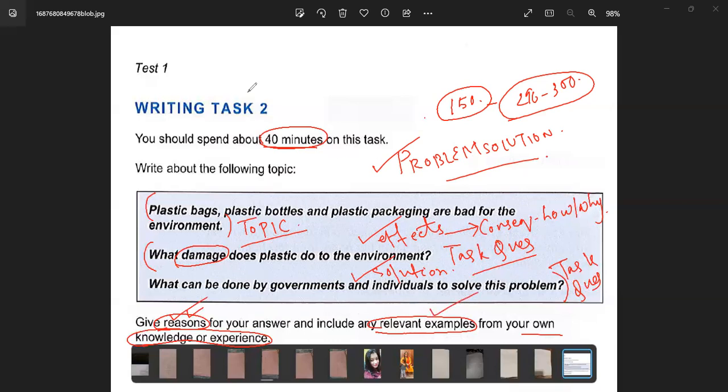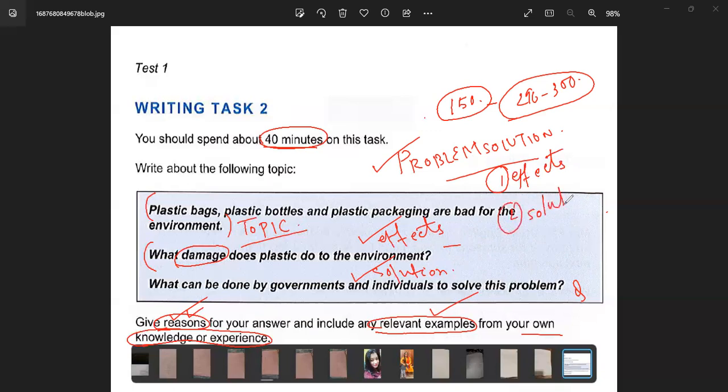So even before writing the main essay, my essay should mandatorily consist of these four things: first, effects as per the demand of the question; solutions as per the demand of the question; reasons; and then examples. These four things should be there in your essay.